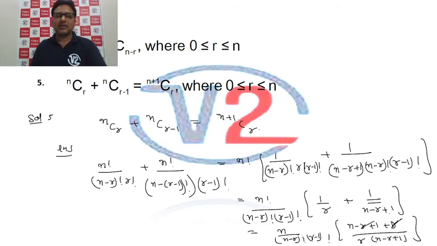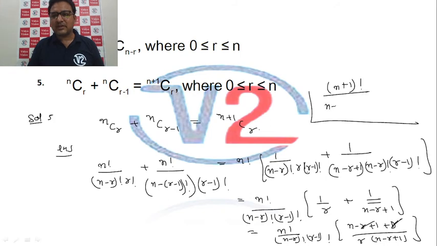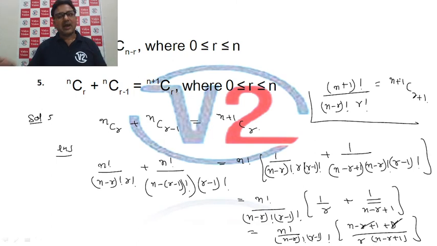Now upstairs there is n into n plus 1, n factorial into n plus 1. So this can be written as, the final answer, n plus 1 factorial divided by n minus r factorial into r factorial, which can be written as n plus 1 Cr. Okay, I think everyone understood.